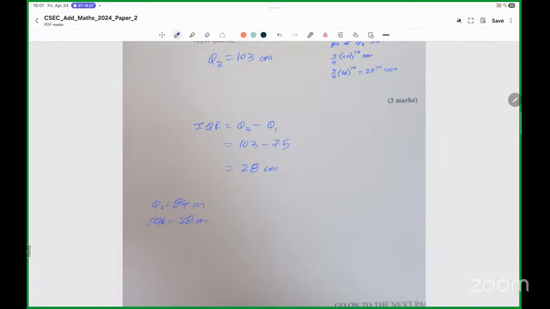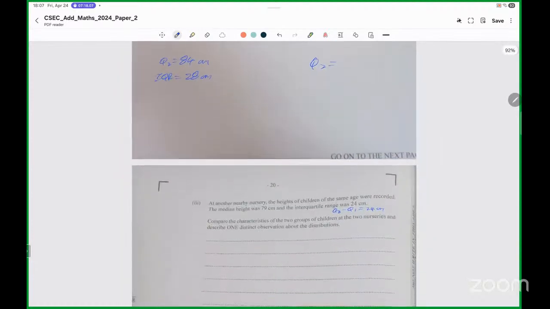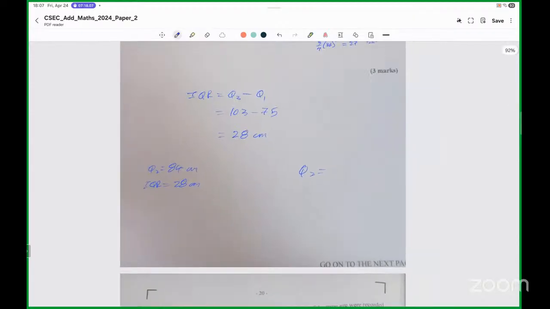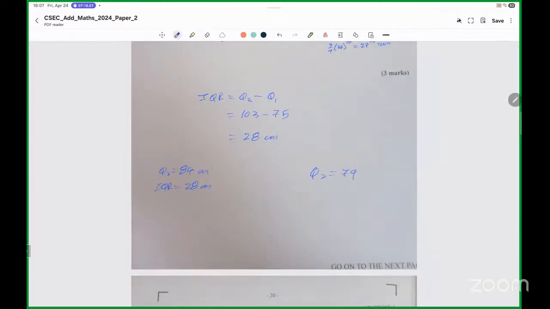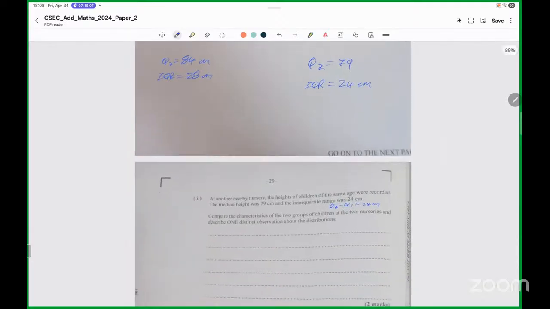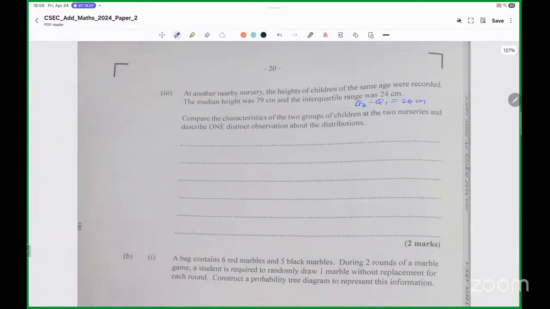And at the other place, Q2 is 79 and the interquartile range is 24. It says compare the characteristics of the two groups of children at the two nurseries and describe one distinct observation about the distribution.